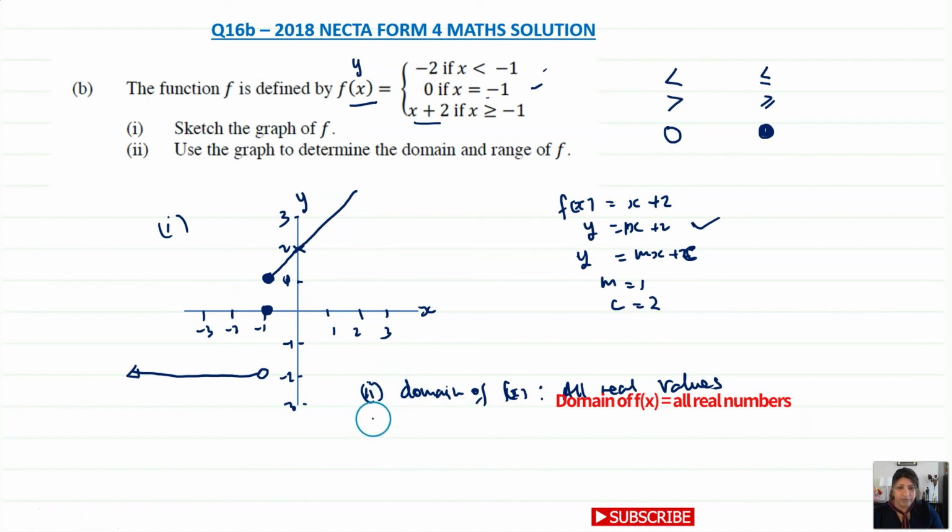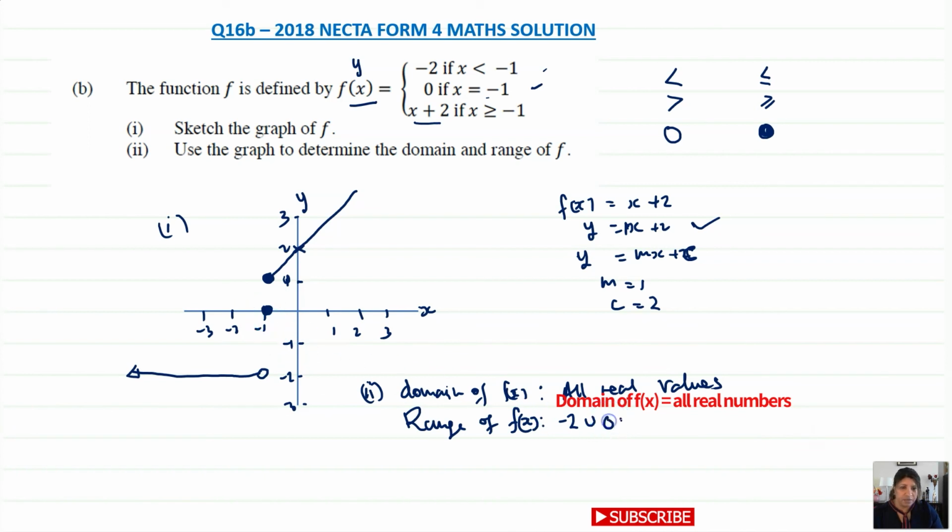Now for the range of f(x), that is slightly different. We start from -2, so -2, and then union, there's nothing in between, 0.